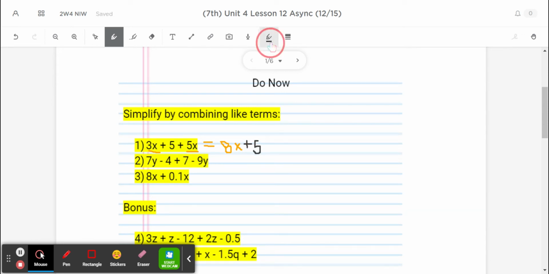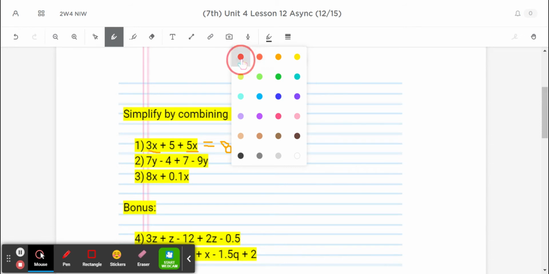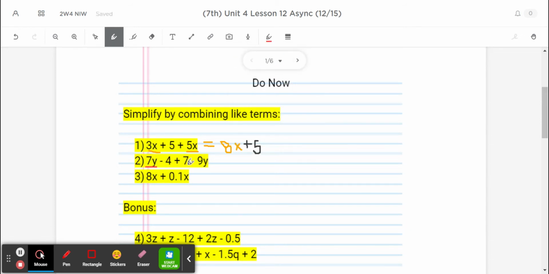Now, in question 2, we have two groups of like terms. We've got our y's, 7y and 9y. And then we also have our whole numbers, -4 and +7. So we know that we can combine 7y minus 9y.